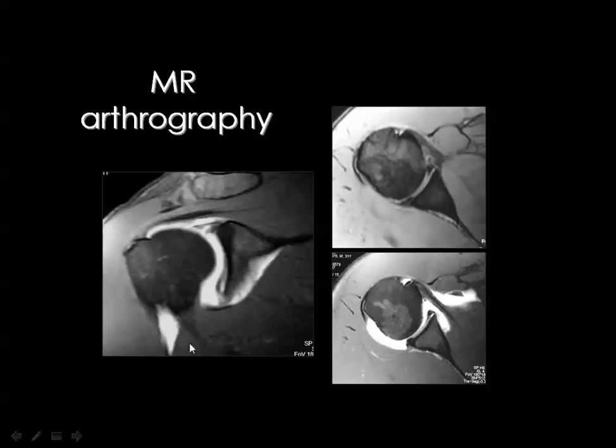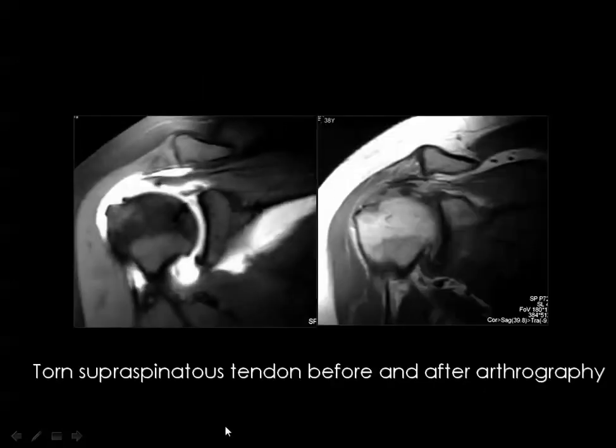And this is an MR arthrogram showing an injury of the superior labrum, which indicates the SLAP injury I will discuss. And this is an example of conventional MRI and MR arthrogram of the same case. Here you can suspect the injuries of the supraspinatus tendon, but you are not able to evaluate the superior labrum, for example.